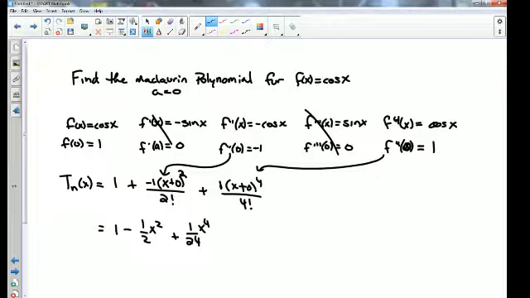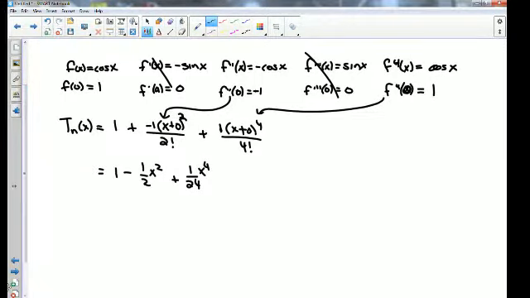Okay, so first we need to recognize the 0th term, which is this one, right, is the same as the first term.